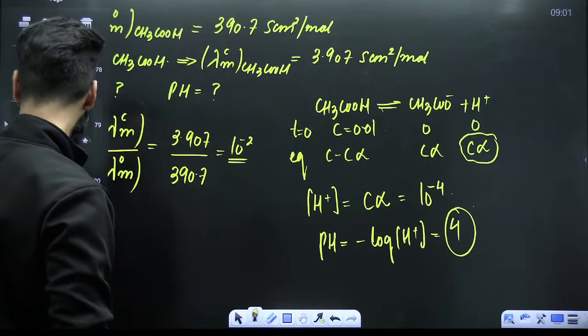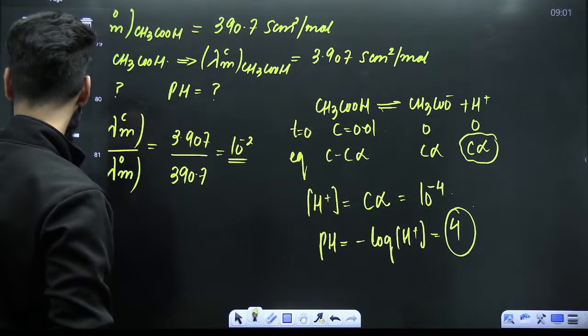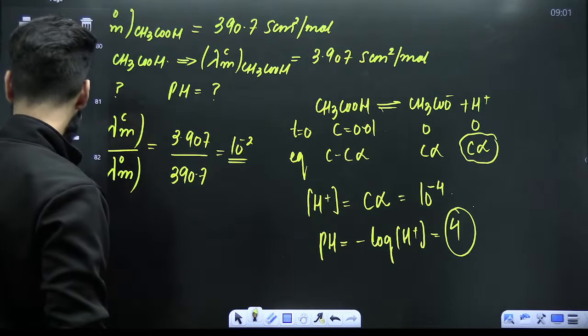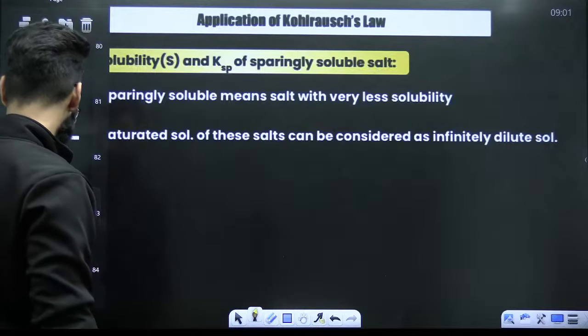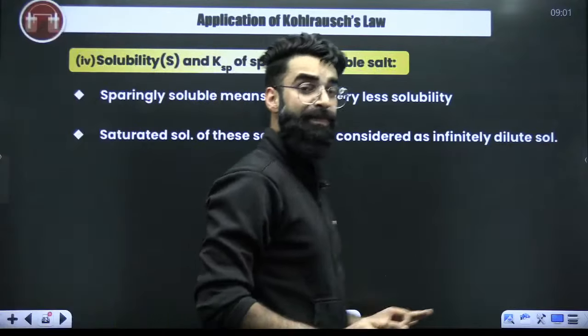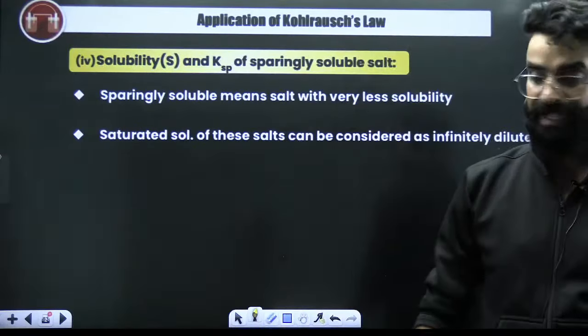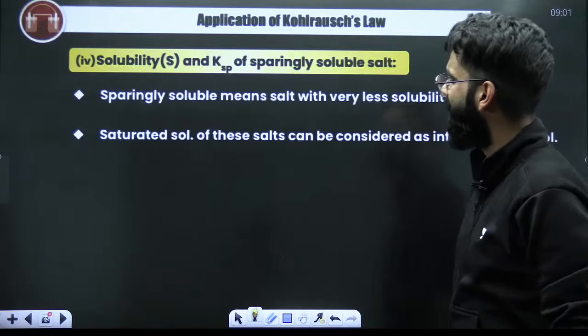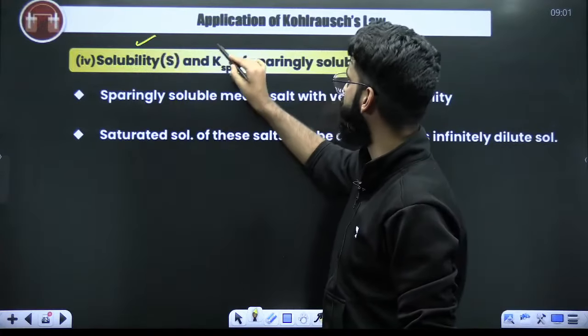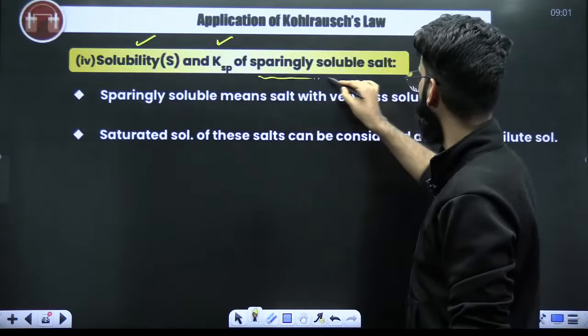Let me know in the chats quickly. The last application of the Kohlrausch law, what is that? That is calculation of solubility and solubility product for a sparingly soluble salt.